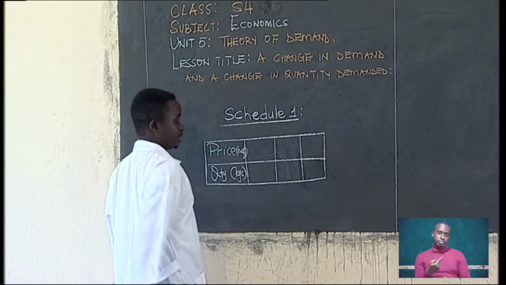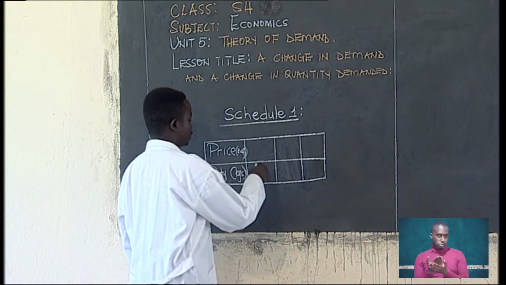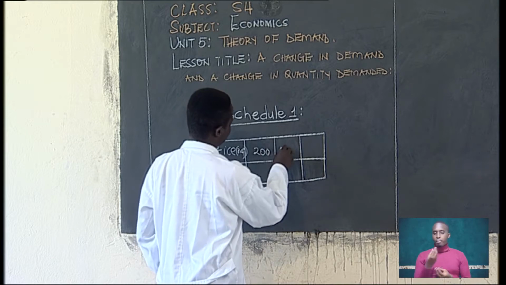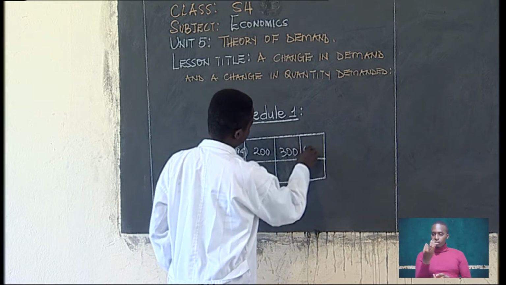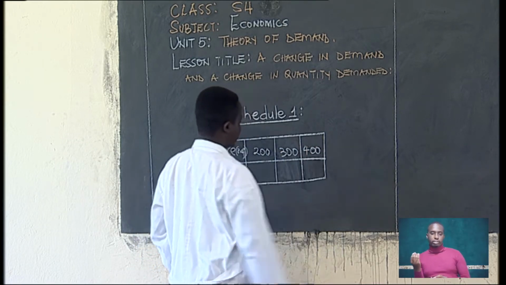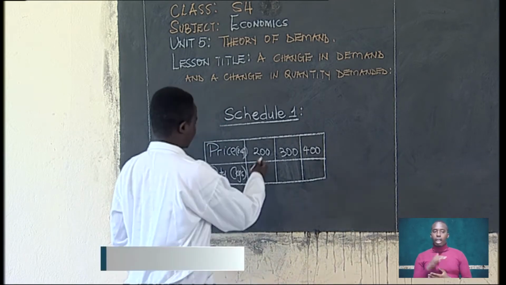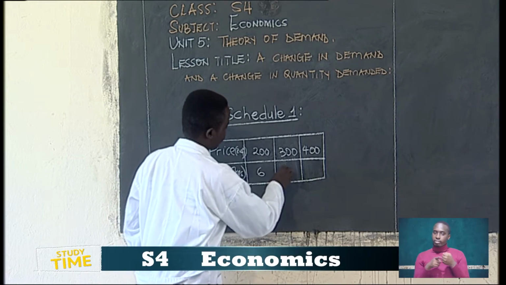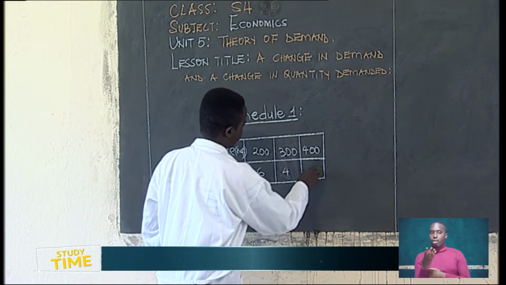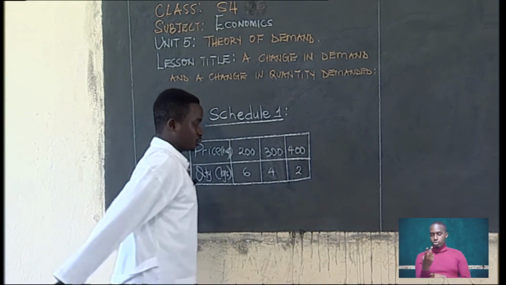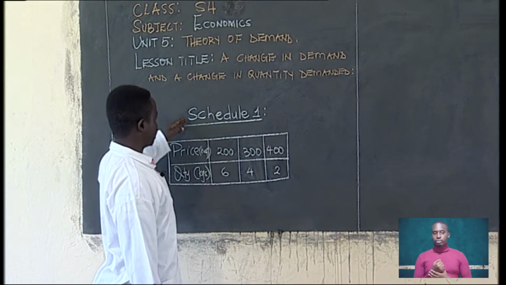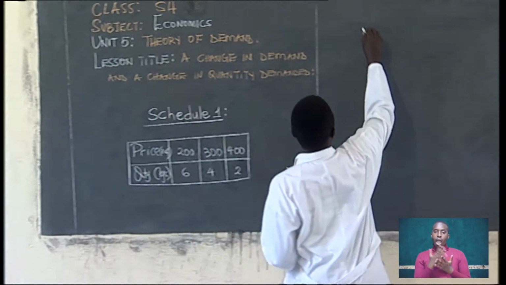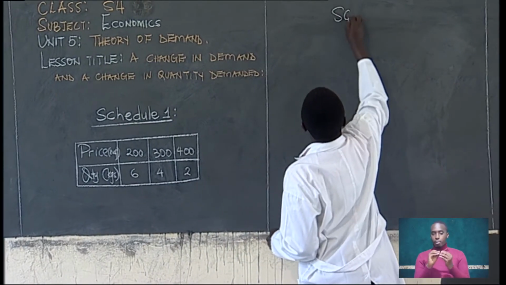If maybe we have prices of 200, 300, and 400, then for our quantity demanded, maybe we have 6, here maybe 4, and here maybe 2 kilograms. So I want you to analyze this schedule number 1.